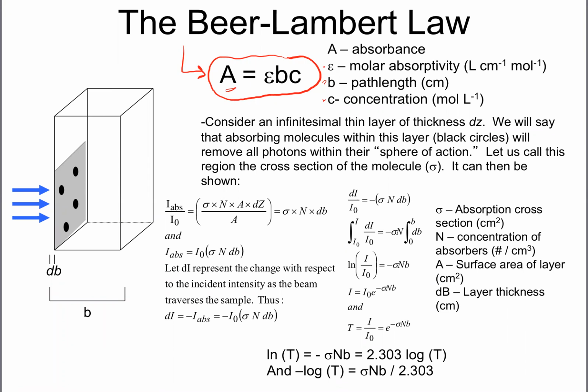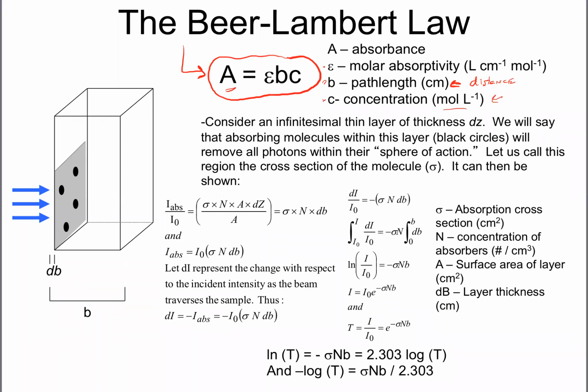Now, what are all these terms? In a nutshell, I'll summarize first, and then I'll talk about the mathematics at the bottom. The path length, measured in centimeters, is just the distance the light traverses through the sample. Usually for a lot of UV-vis molecular absorption, that's going to be 1 centimeter. That's a common distance, okay? But it's the distance the light beam has to travel through the sample. And the concentration, here it's molarity, right?